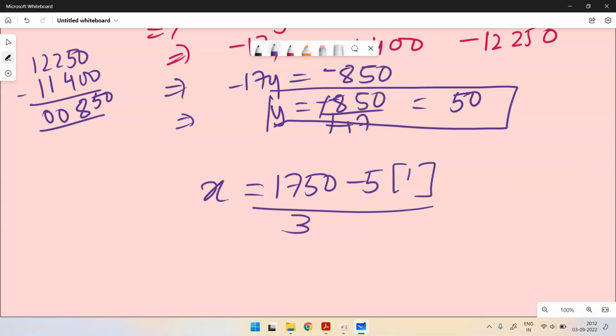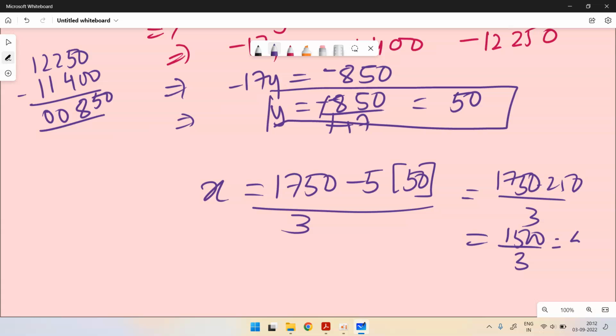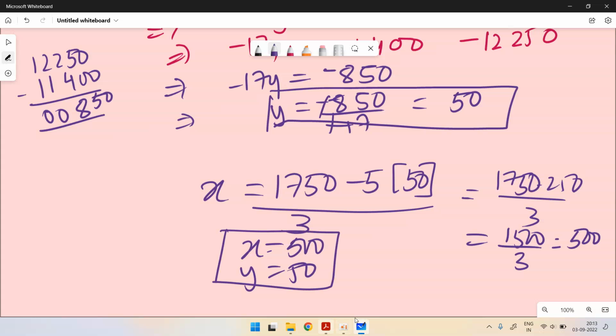In place of y, you write 50. So this is 1750 minus 250 by 3, which is 1500 by 3, nothing but 500. So value of x is 500, value of y is rupees 50. Cost of bat is more than 10 times cost of ball.